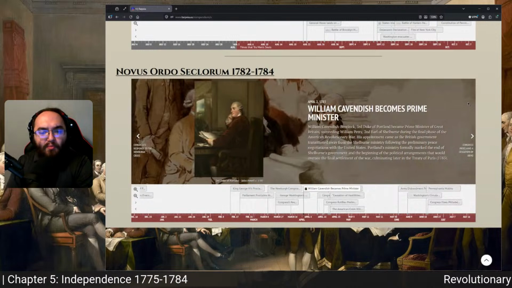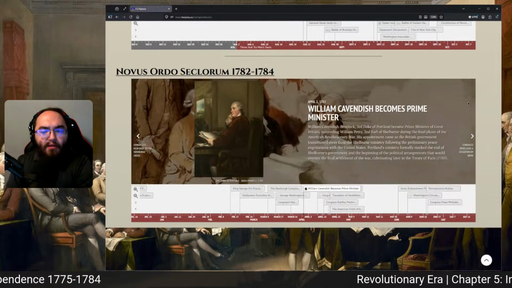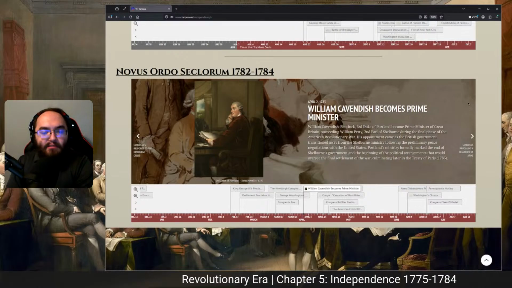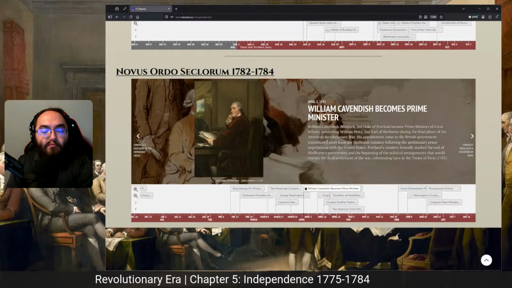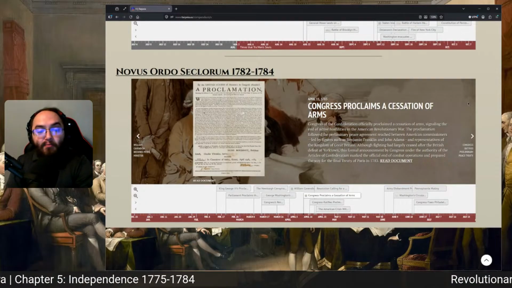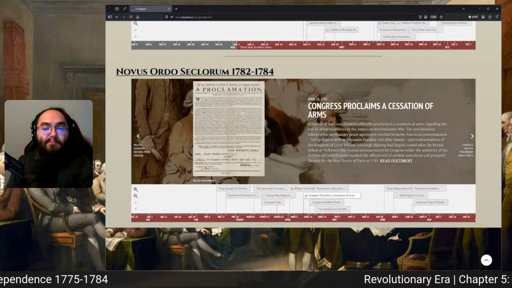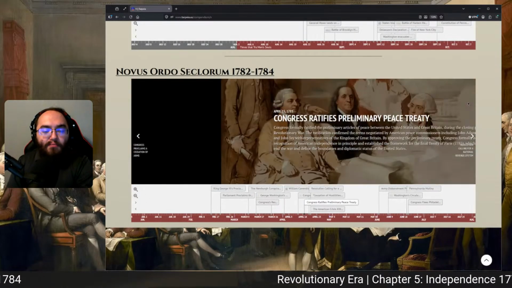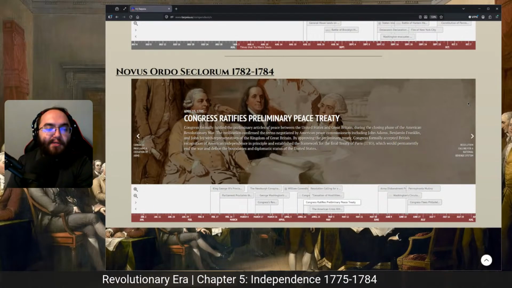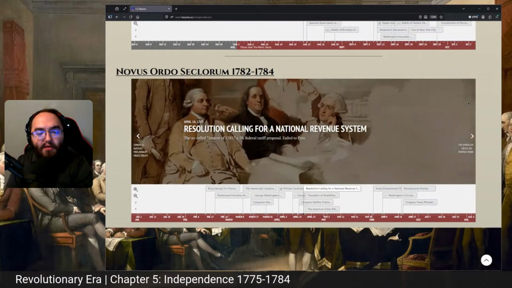William Cavendish will become Prime Minister, and he will foresee the Treaty of Paris. And Congress will make a proclamation, proclaims a cessation of arms and fighting. Congress will ratify the preliminary peace treaty in April of 1783.